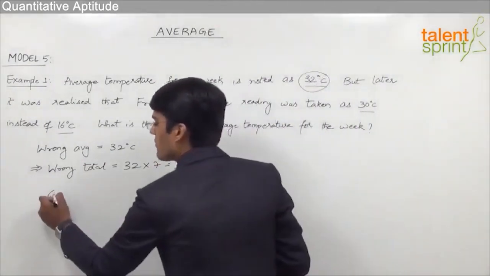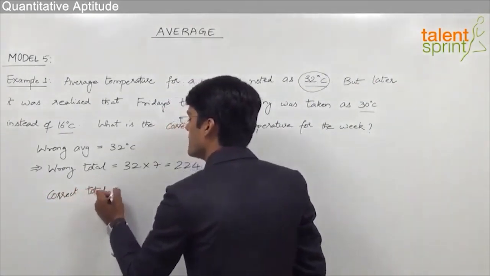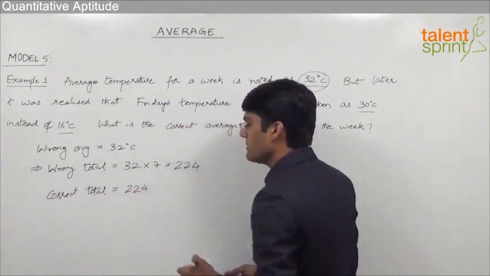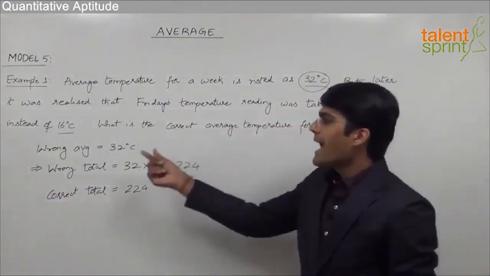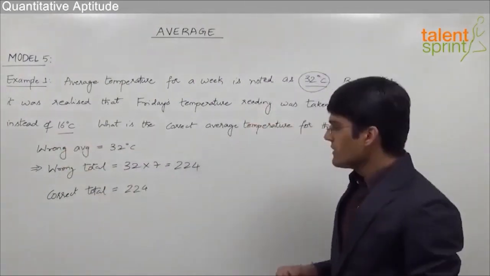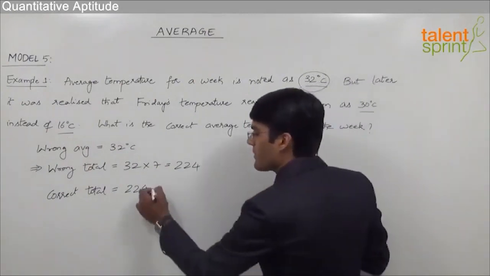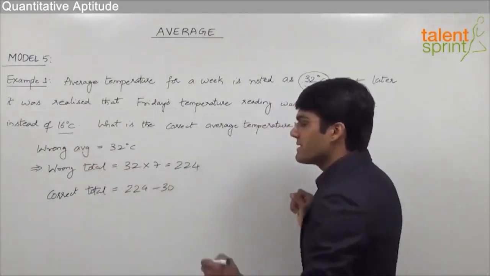The correct total of all the temperatures, or the correct sum of all the temperatures, should be equal to the wrong total, that is 224. From this we should subtract the value 30 and add the value 16, because we know that 30 is a part of 224. So we should subtract this 30 and add the correct value, that is nothing but 16.